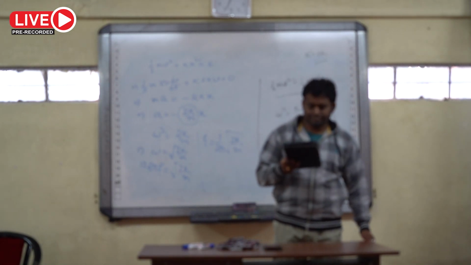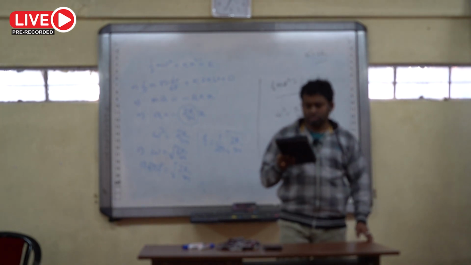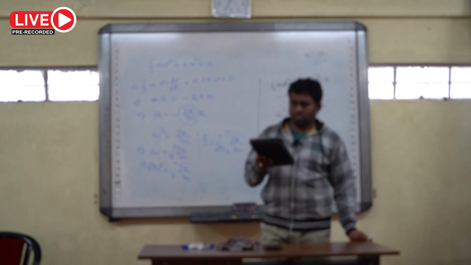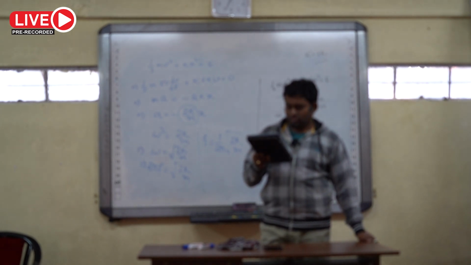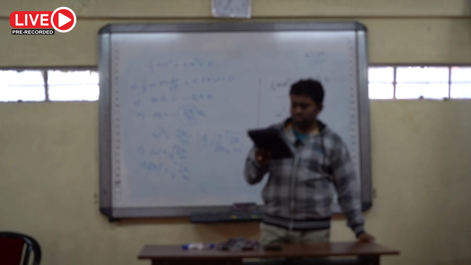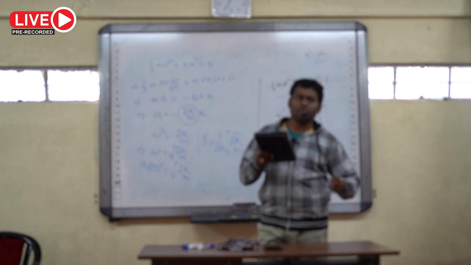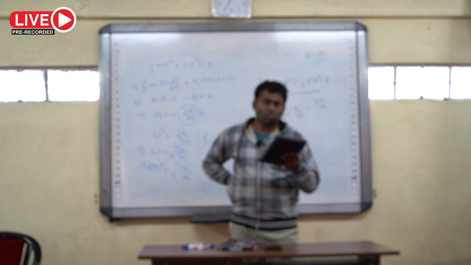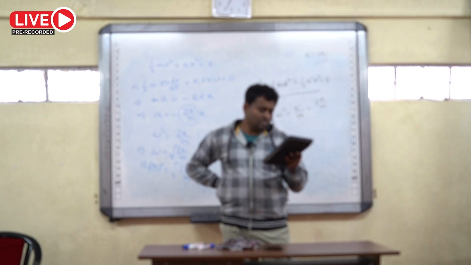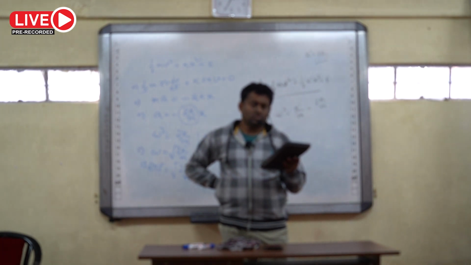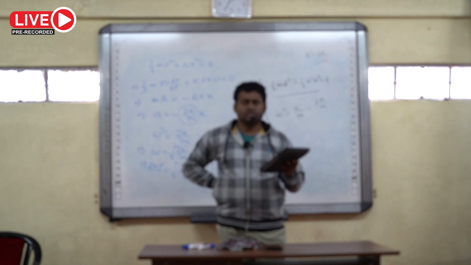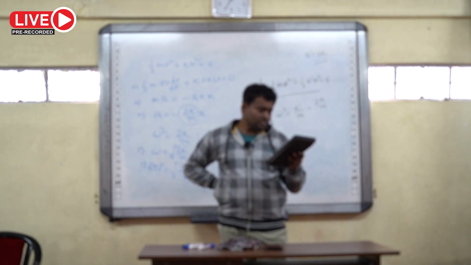Question number 35. Two simple pendulums: first pendulum bob mass m1 and length l1, second bob mass m2, length l2.